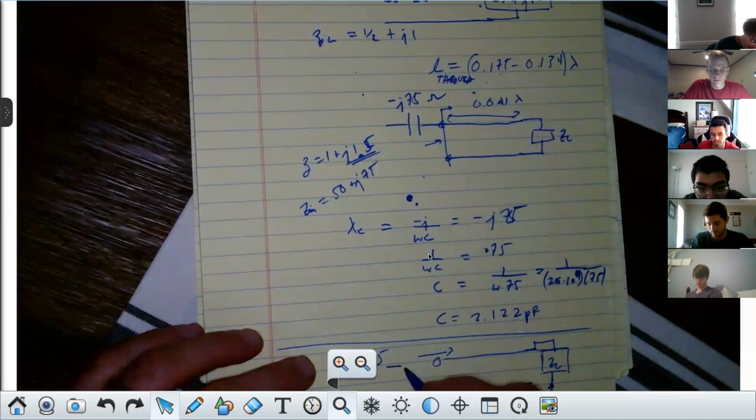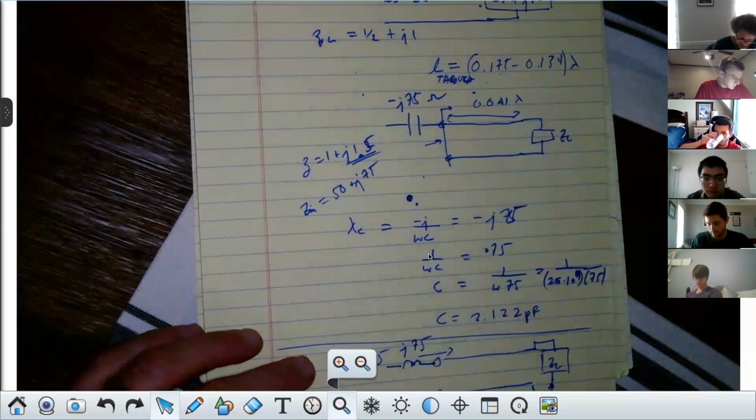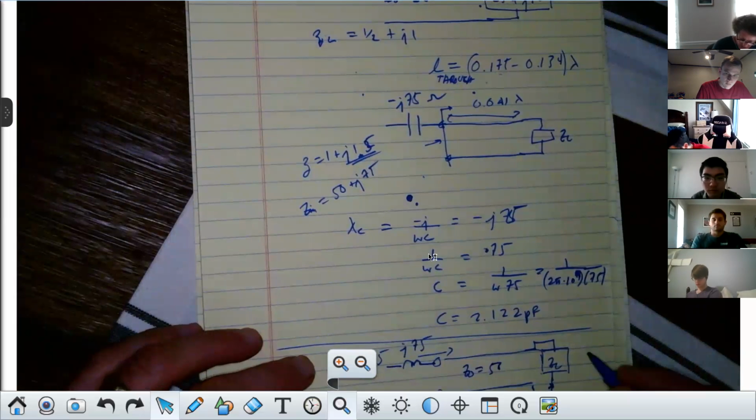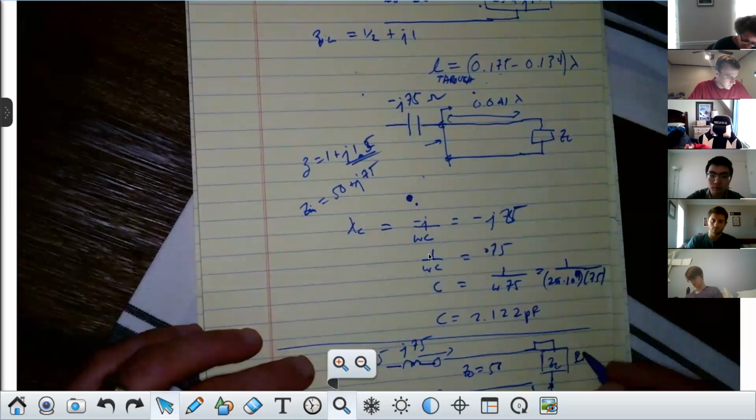An inductor. Right. Now we want an inductor here to have impedance of j75. And this is characteristic impedance of 50. And this load was, I'm sorry, 25 plus j50.